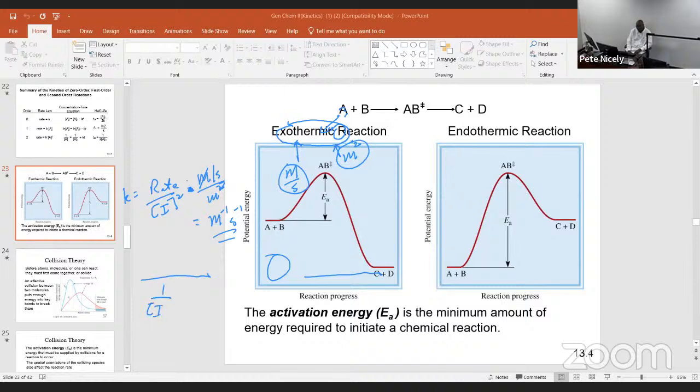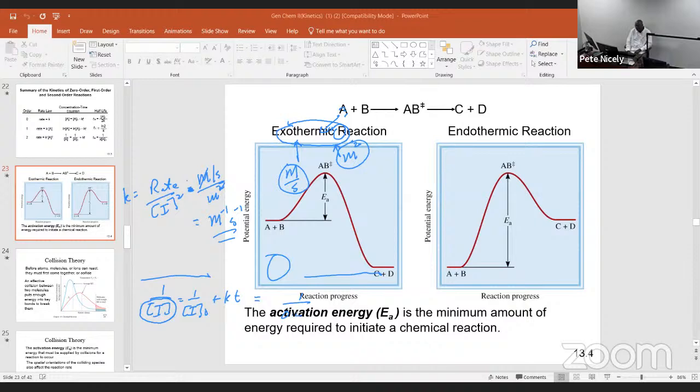Okay. Plus KT, very good. So that would be the equation you're going to use. What the question is asking for is this right here, right? So let's plug in the numbers.